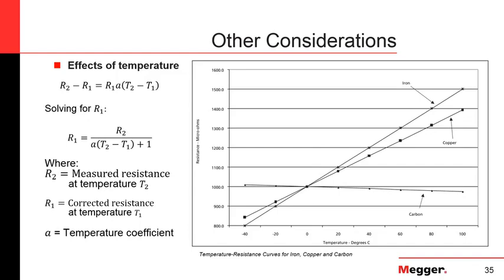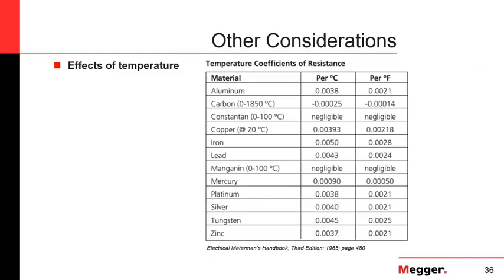Then A is the temperature coefficient, and that is dependent on the material of the conductor you are testing. In most of the electrical applications, of course, we use either aluminum or copper. For the aluminum, you have a coefficient of 0.0038 per each degree C, and for copper it will be 0.00393.